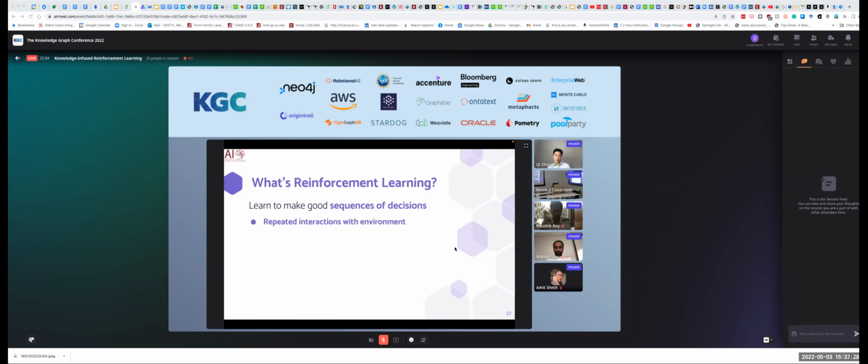For example, if we're doing image classification, selecting whether this image is about a cat or a dog or neither, this should be interpreted as one-off decision making, where nothing really happens after that. Either it's wrong or correct.